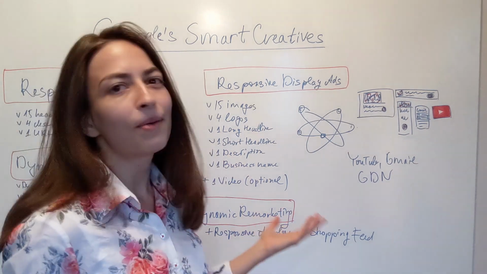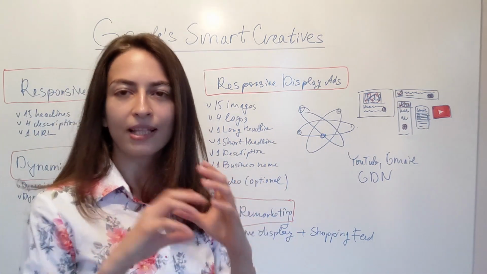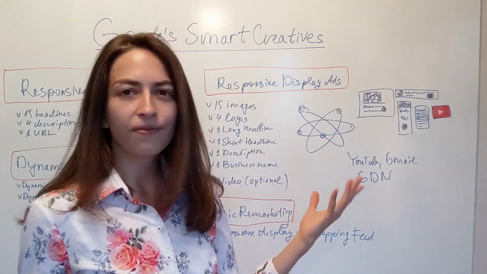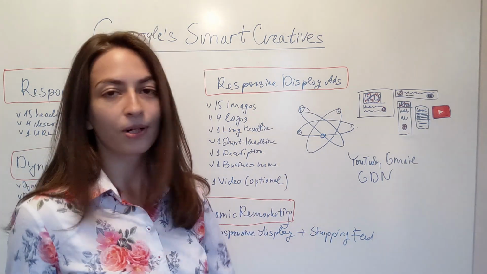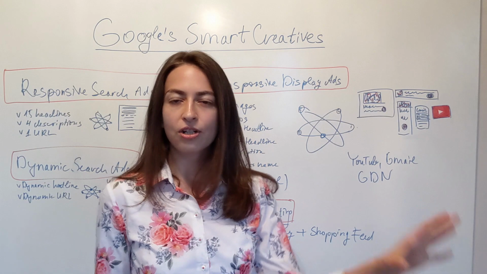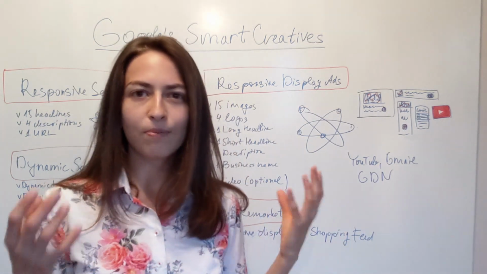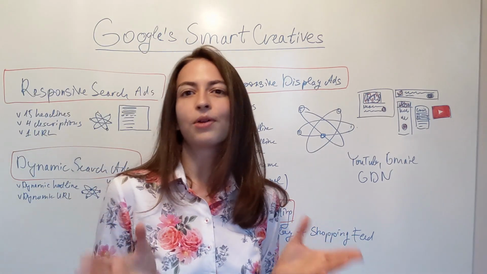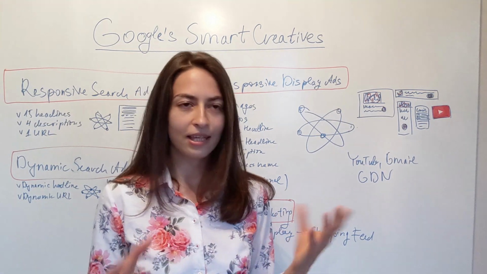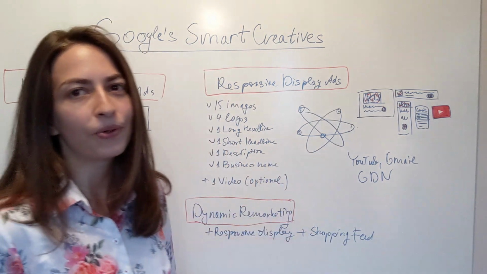So this is why Google came up with this size that is just reshaping these assets that you provide and creating ads for mobile, for desktop, for all the different websites on the Google Display Network, plus Gmail, plus YouTube. So with one ad, you will actually surface 3 different properties of Google, and you'll be able to generate much more reach in a much simpler way. So the problem with the sizes and creatives and everything, it becomes solved in just a few clicks. So this is something really, really powerful.